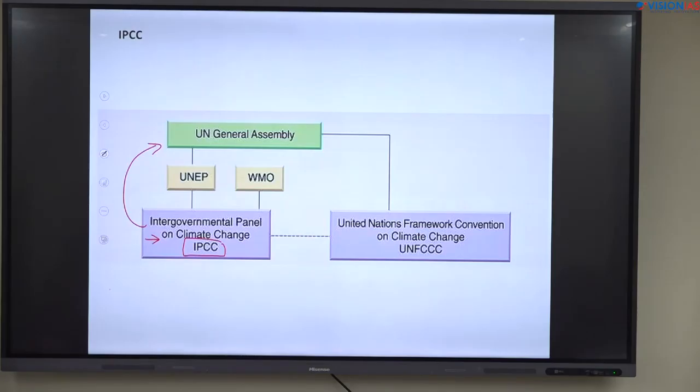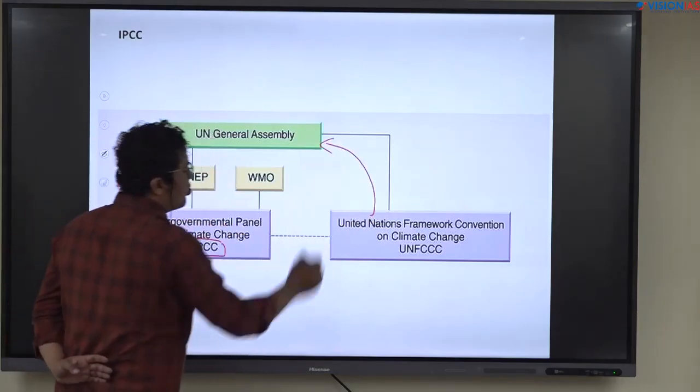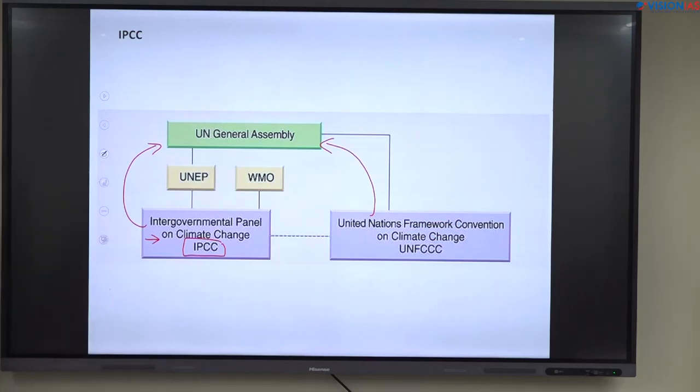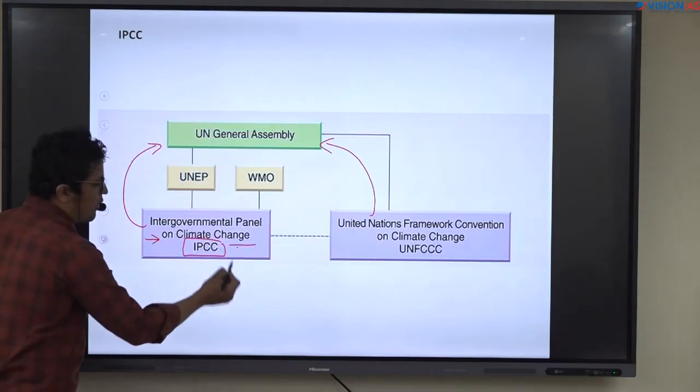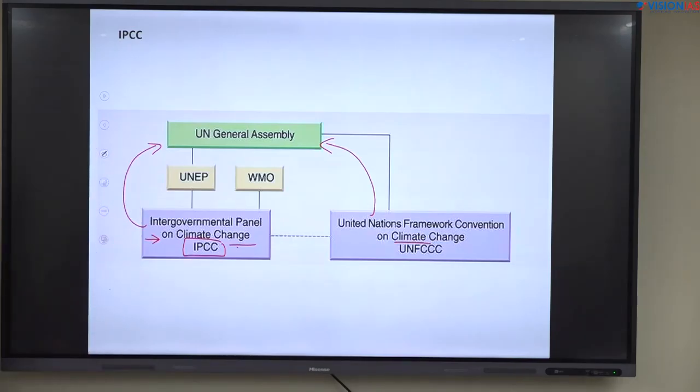It comes under UN. UNFCCC, United Nations Framework Convention on Climate Change, also comes under UN. So in UN, there are two organizations, both are working in the field of climate change. Under UN, there are two international organizations who are specifically for climate change.